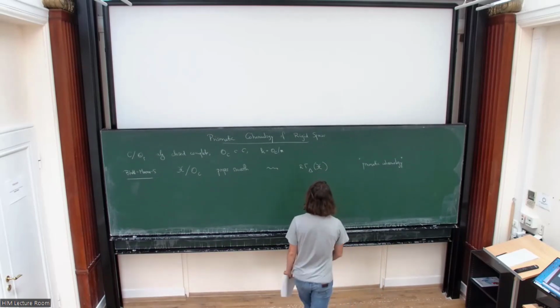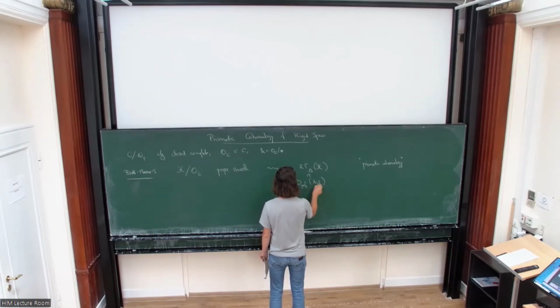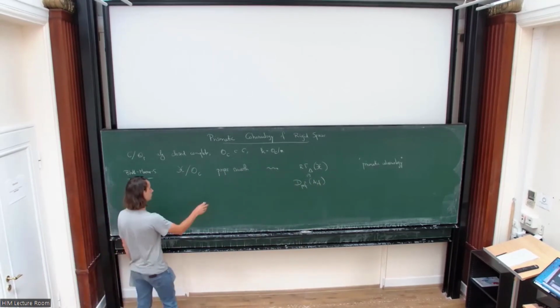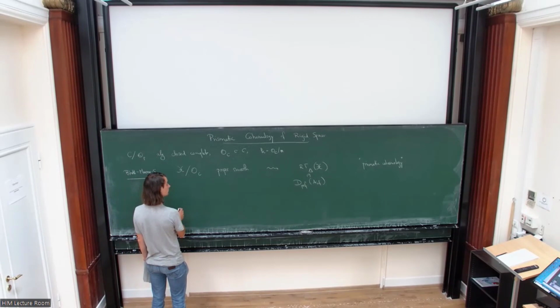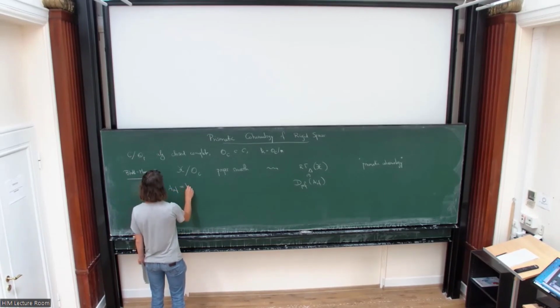So what kind of object is this? This is an object in the derived category of A_inf-modules, a perfect complex, a projective module, where A_inf is as usual the Witt vectors.